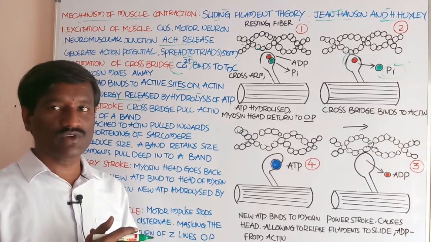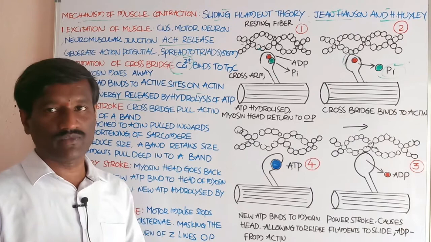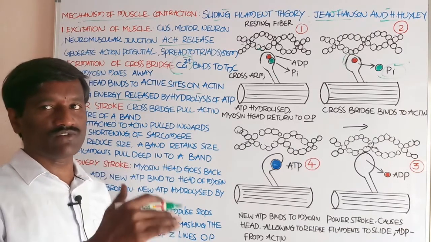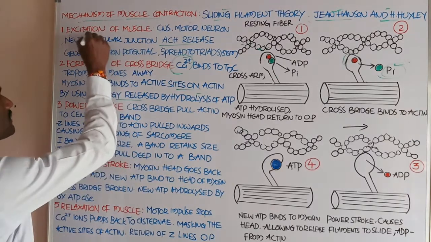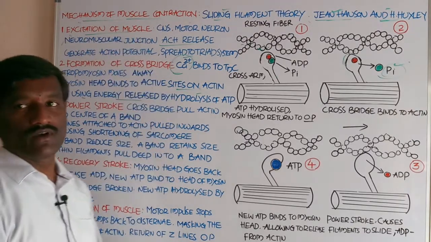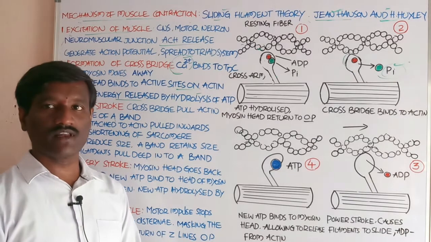It gives detailed information about muscle contraction. It is also discussed in the following steps. The first one is excitation of the muscle. Okay student, what about the excitation of the muscle?